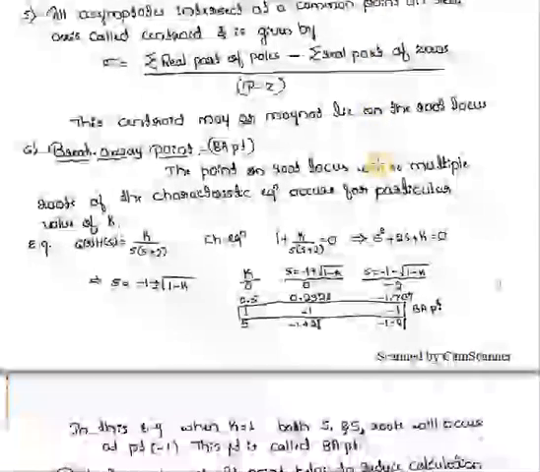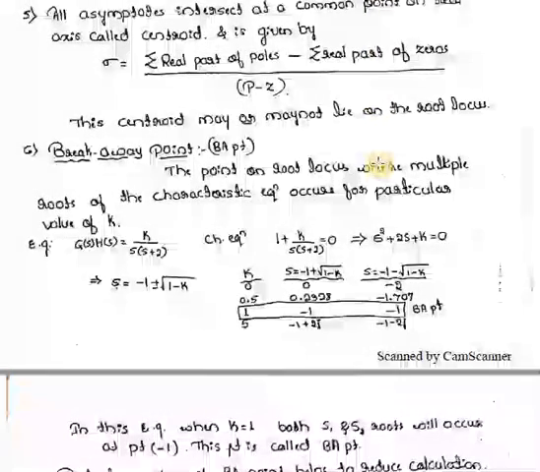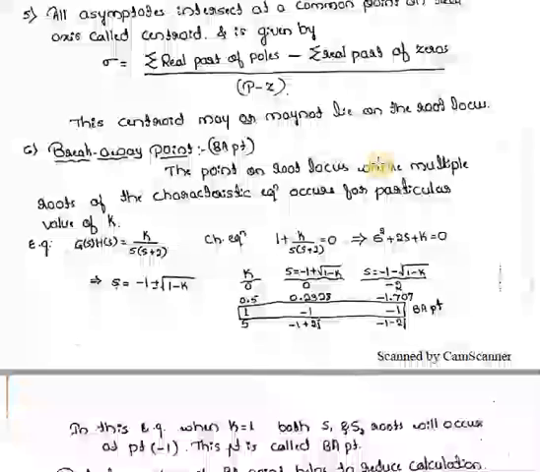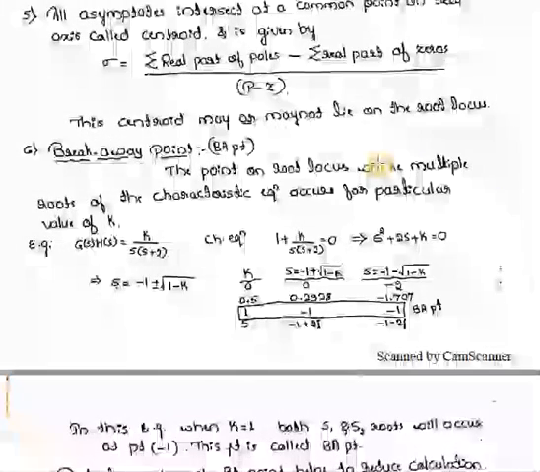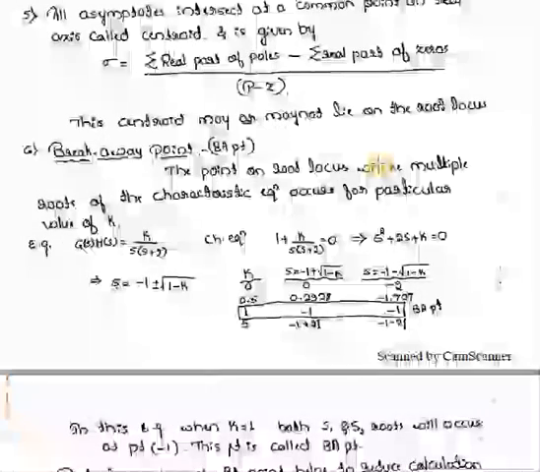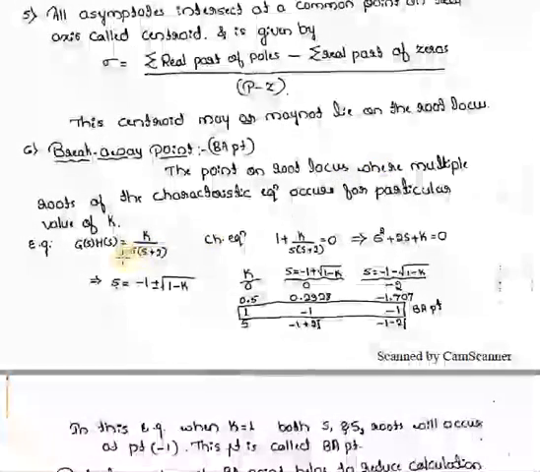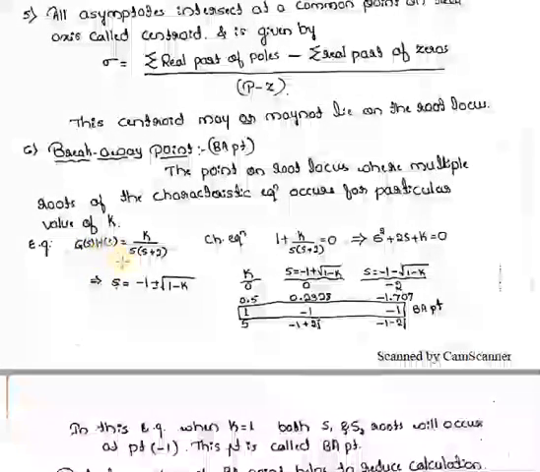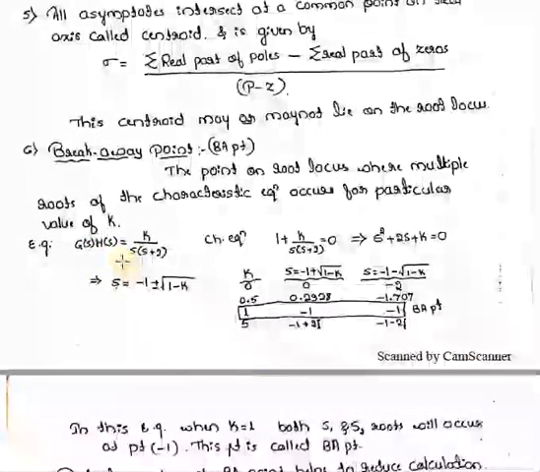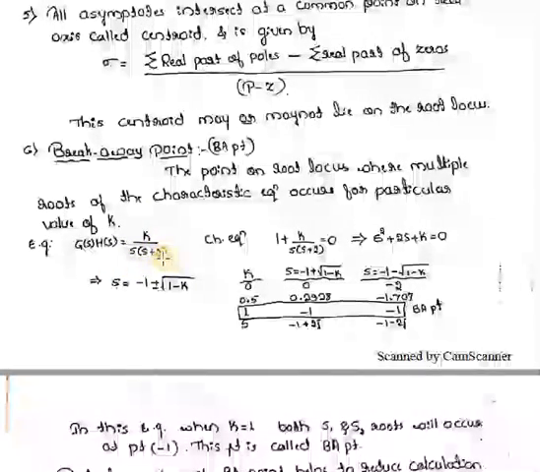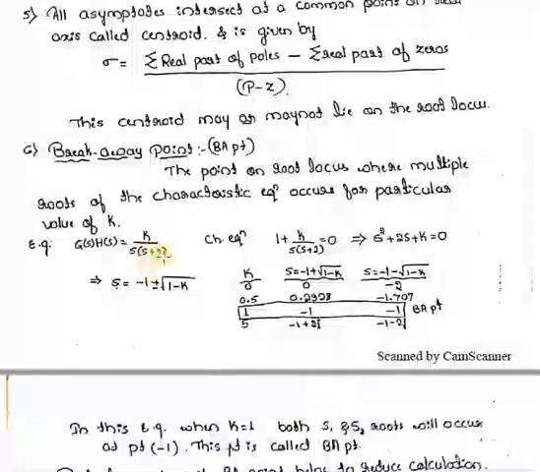Then the sixth one is to find the breakaway point. It is a point on the root locus where multiple roots of the characteristic equation occur for a particular value of k. To find the breakaway point, you need to consider the given transfer function or characteristic equation. Let us consider the open loop as k divided by s into s plus 2.